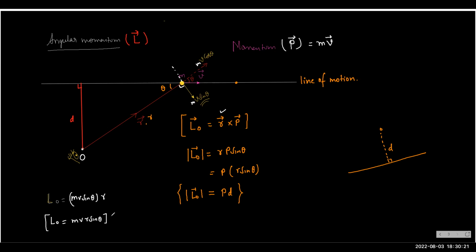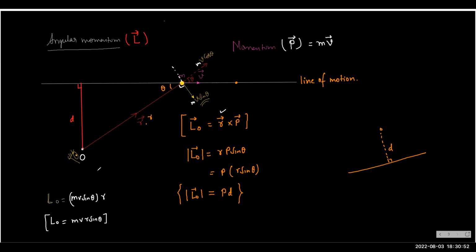So how to find the angular momentum? It's very simple. For the given observer, just check the velocity component which is giving you the rotational effect and multiply that component of momentum with the distance. Or you look at the line of motion and multiply the actual momentum with the perpendicular separation of the line of motion and the observer.